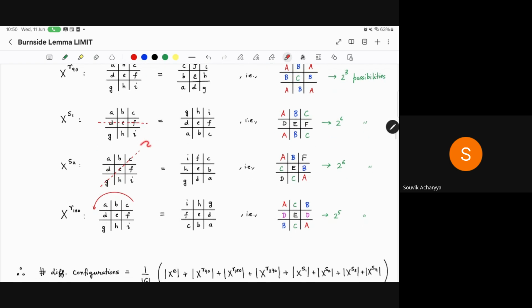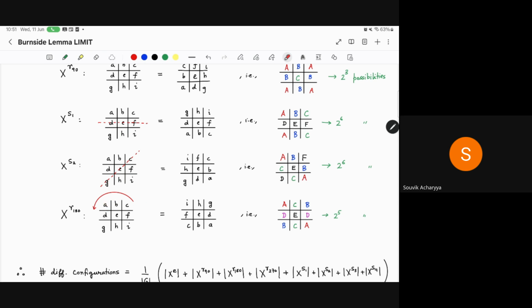Similarly, if you look at S2, a reflection along this diagonal, again, these 2 must be the same, these 2 must be the same, these 2 must be the same, and the diagonal could be anything. So again, there are 2 to the power 6 possibilities. And finally, if you rotate by 180 degrees, this is slightly different.